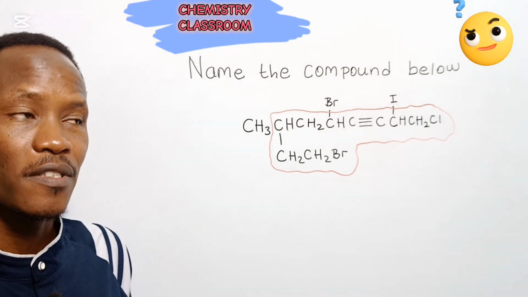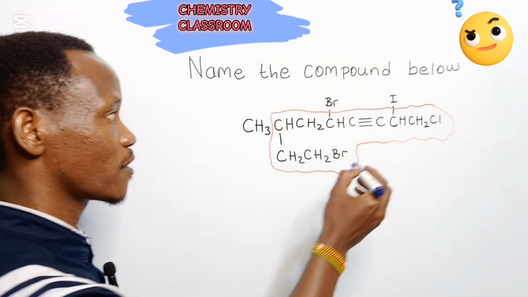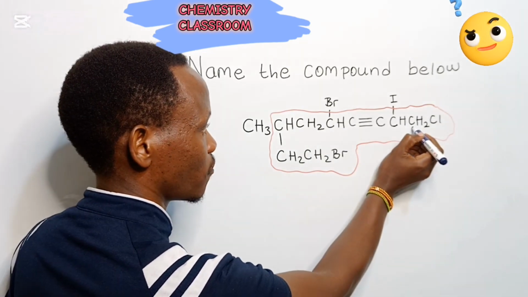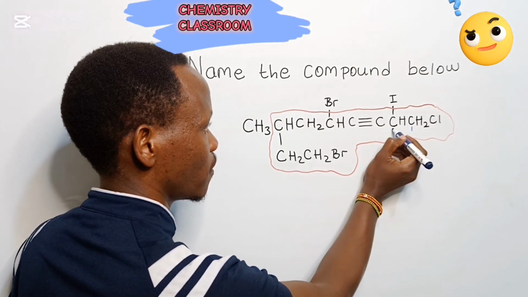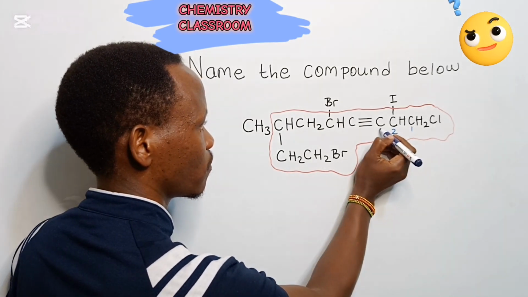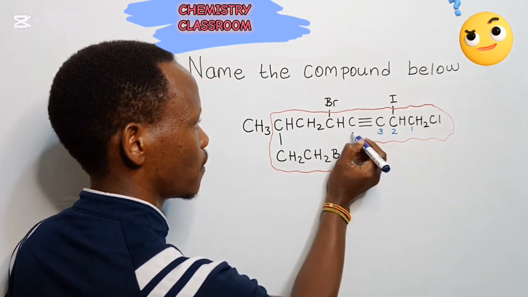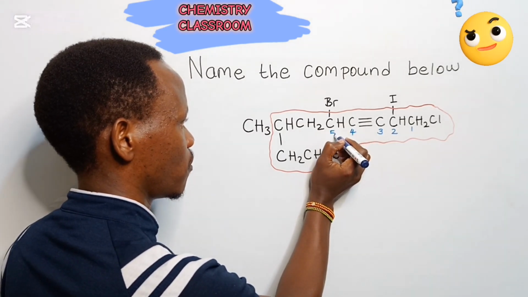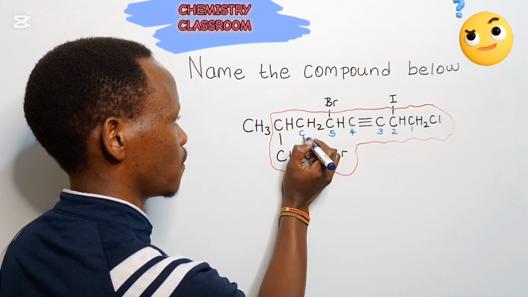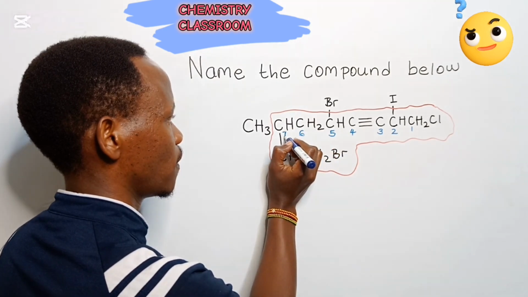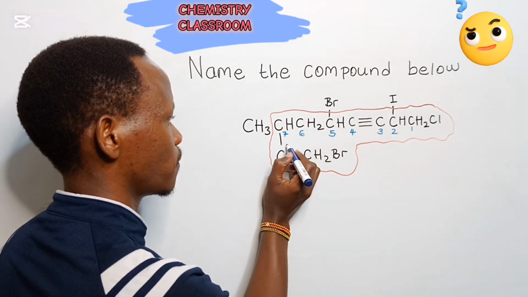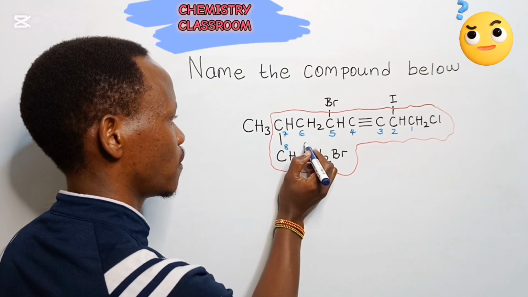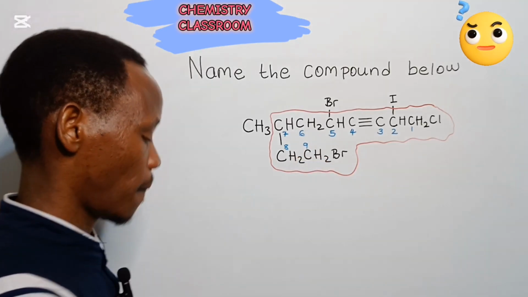So also, without wasting time, we shall number starting from this side, and therefore this becomes number 1, this is number 2, number 3, this is number 4, number 5, number 6, number 7, number 8, and number 9.